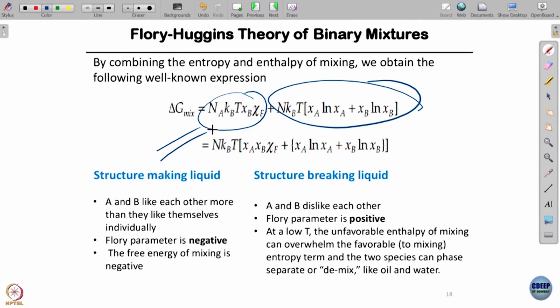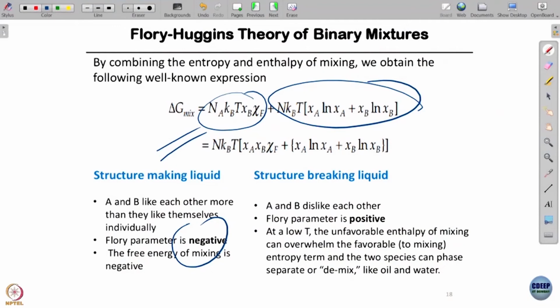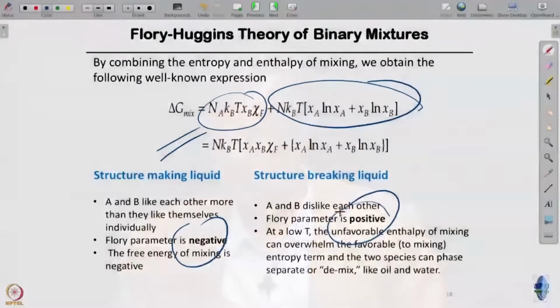And that I already told. Now I want to say if they are structure making or structure breaking. If they are structure making or structure breaking, I will be able to tell them in terms of the Flory parameter, because if the Flory parameter is negative, then it is structure making, because they like each other more, they are more negative, but structure breaking is when the Flory parameter is positive.